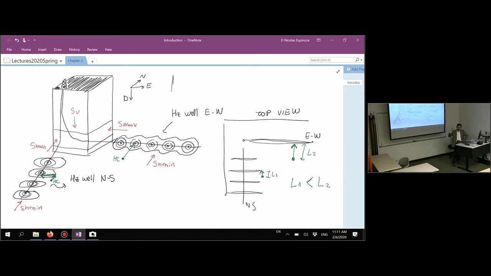It's going to be a lot easier to go through a highway than through the inner roads, because there is going to be more traffic, it's going to be slower, and that will be the equivalent of a tight rock. In a tight rock, it's going to be a lot more difficult, or it's going to take a lot more time to get from one point to another. But if you take a shortcut, or if you take a high permeability conduit, then it's going to be a lot easier.